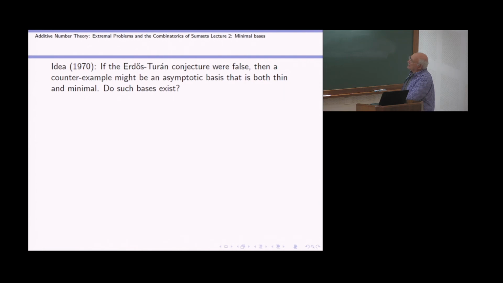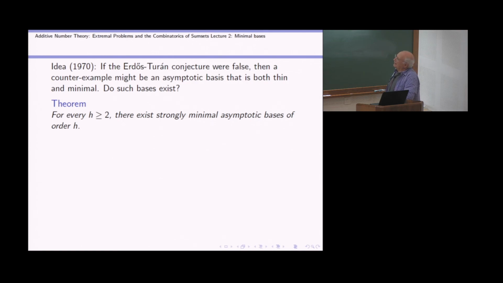Do those bases exist? Even if you could look at the bases with these two properties, that might tell you something about the Erdos-Turan conjecture. It might give you a way to prove it if it were true. These bases do exist. It is possible to construct minimal asymptotic bases, and even strongly minimal ones exist.